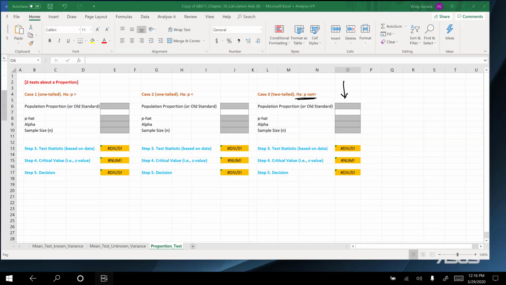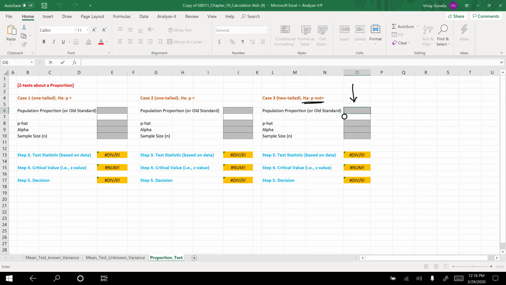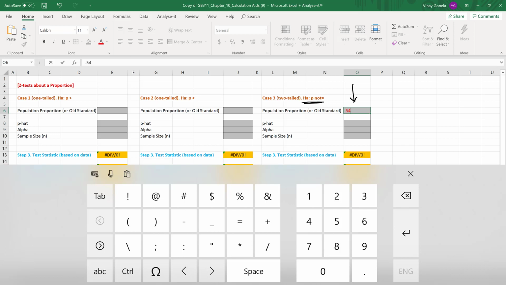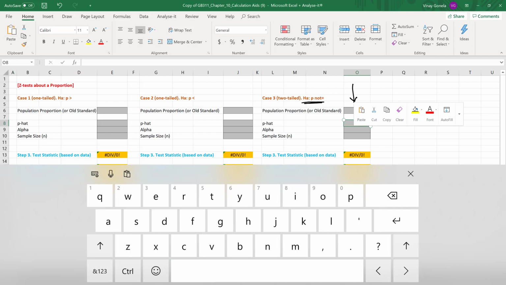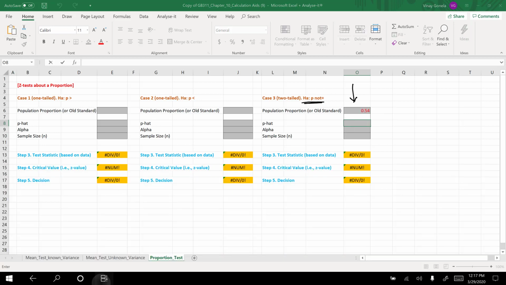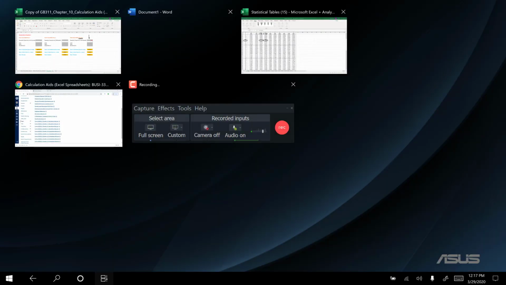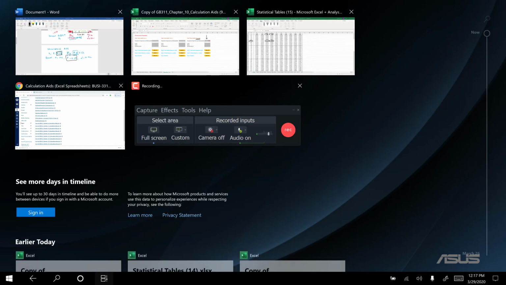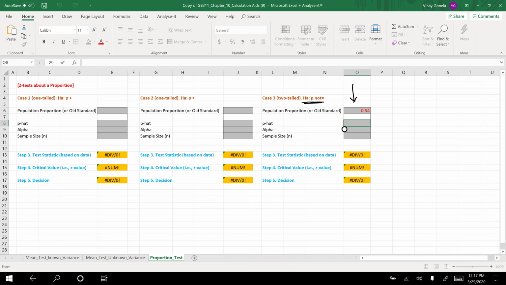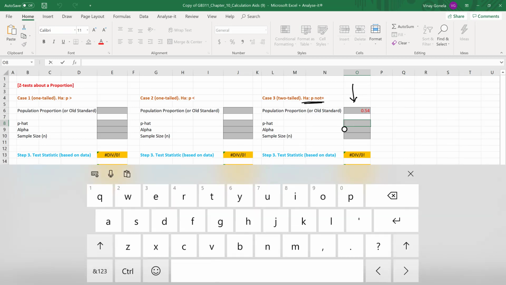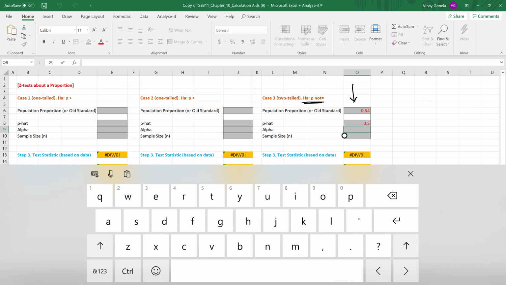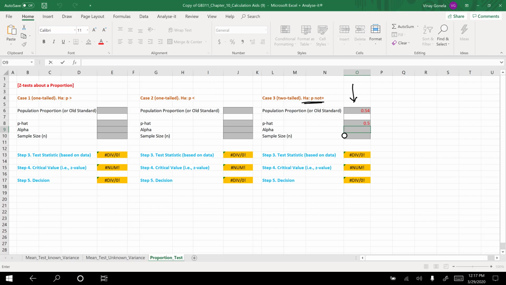So this would be 0.54, and then p hat is given as 0.50. Alpha, let me check what alpha is.